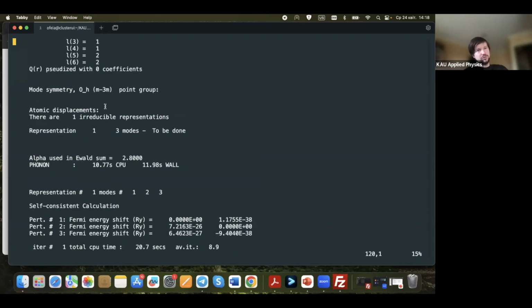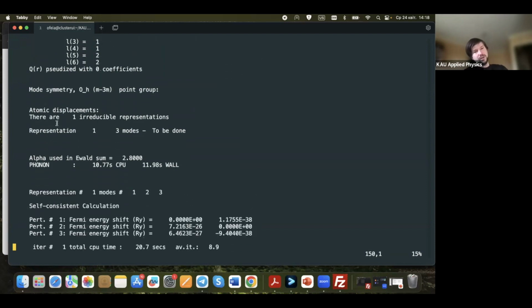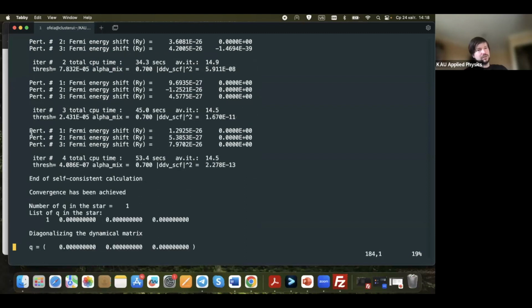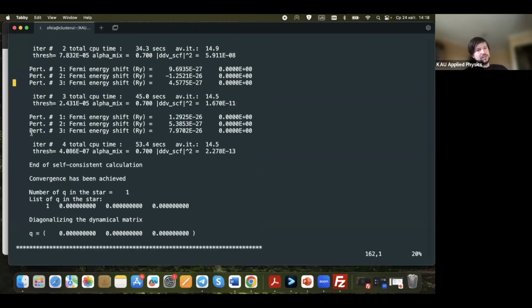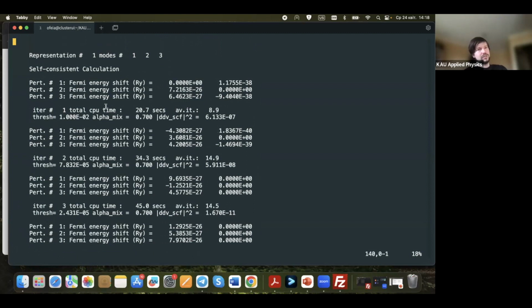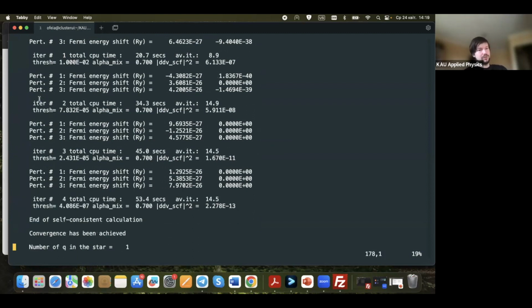For the first Q point, we have only one representation with 3 modes, and it is calculated with a self-consistent run in 4 iterations.